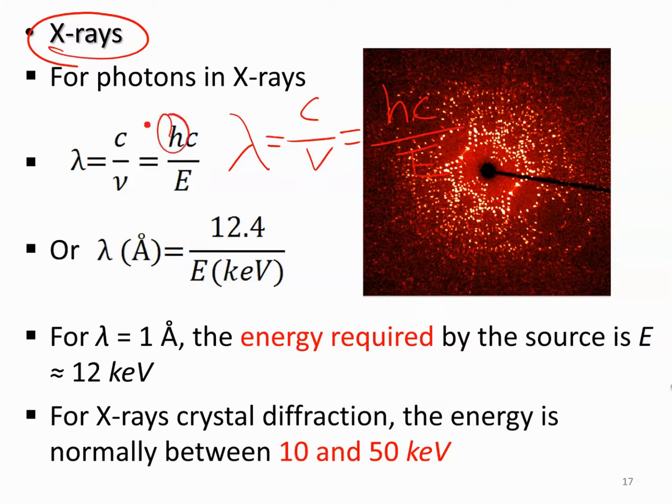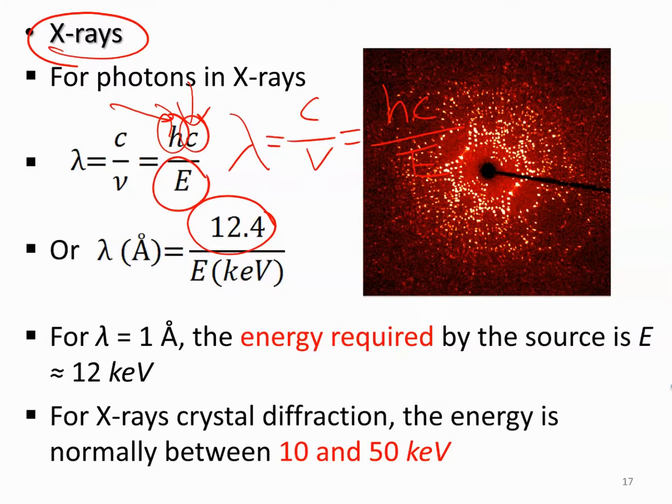H is the Planck constant, c is the speed of light. So these two are constants, and when you substitute E, you will get 12.4. So both of them are constant, so it's a fixed value of 12.4. Then E is the energy that you apply.